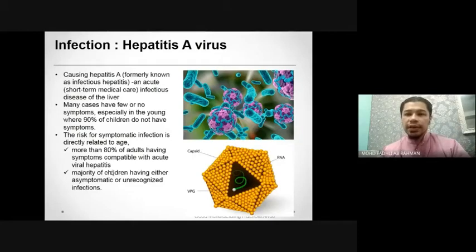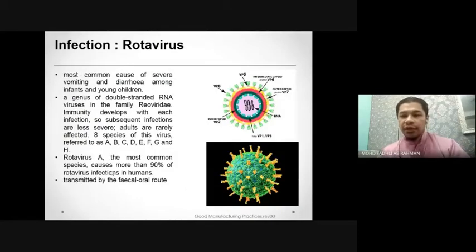The second virus that affects humans through infection is rotavirus. This is the most common cause of severe vomiting and diarrhea among infants and young children. It is a genus of double-stranded RNA virus in the family Reoviridae. Immunity develops with each infection, so subsequent infections are less severe.